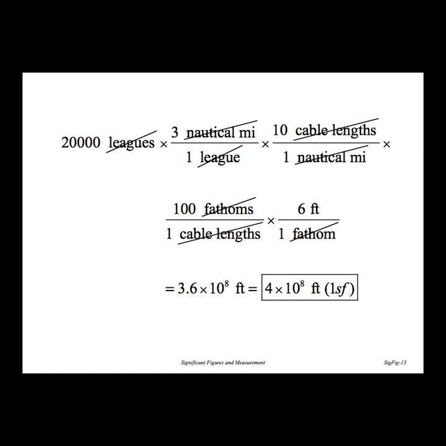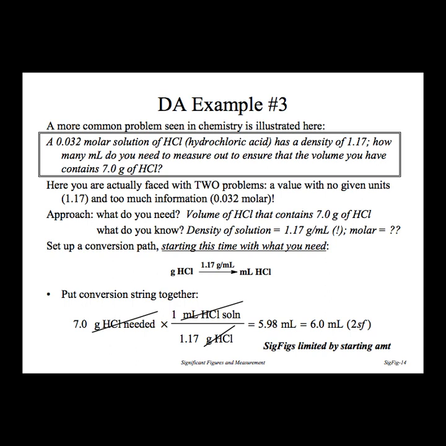It actually isn't. One of the reasons it looks complicated is that you're given a value that has no units. You're given the density, 1.17. Well, you have to know the density is always in grams per milliliter, or grams per cubic centimeter.